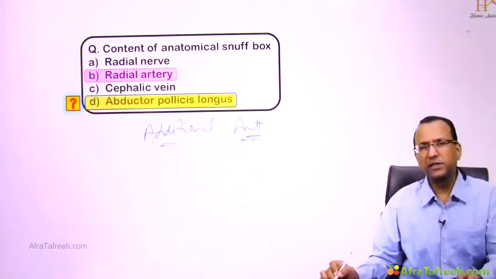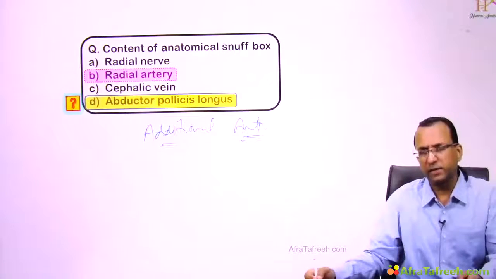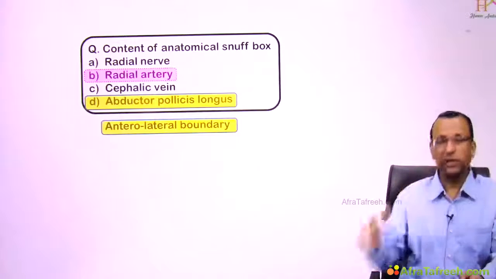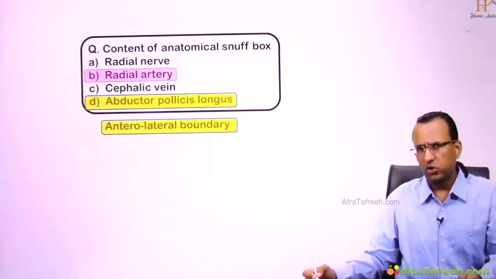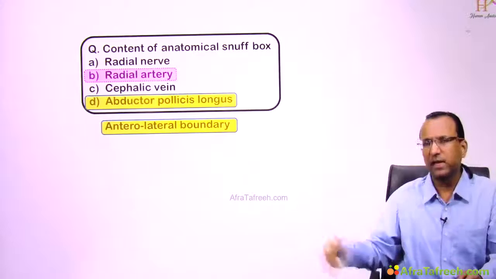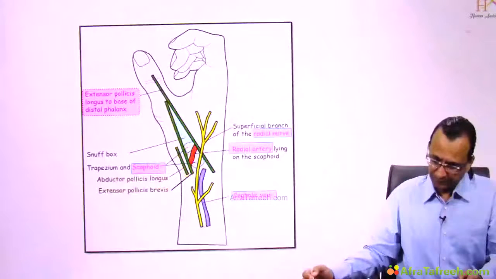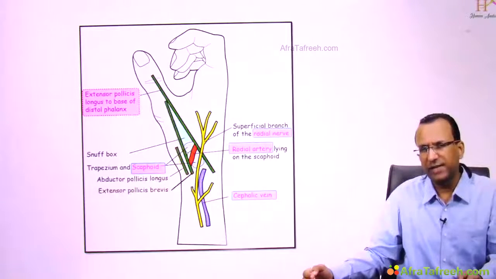It is an additional and anterior contributor to the anatomical snuffbox. You mean anterolateral boundary? Actually, it is not the actual anterolateral boundary. The actual one is extensor pollicis brevis, because abductor pollicis longus is additional and anterior.